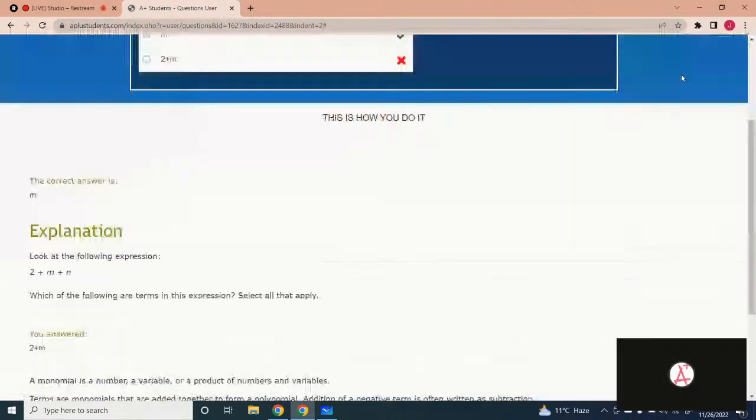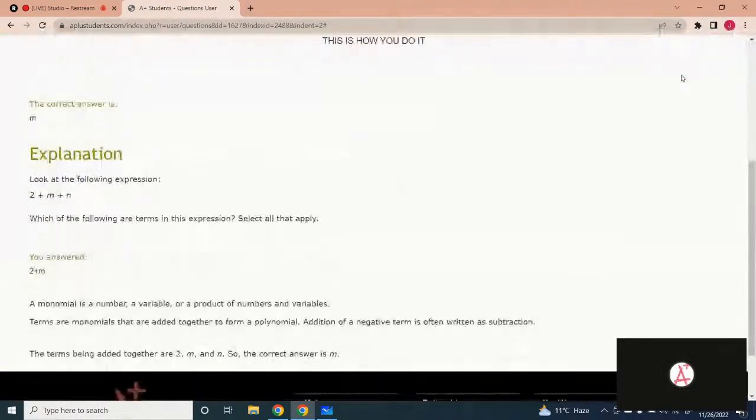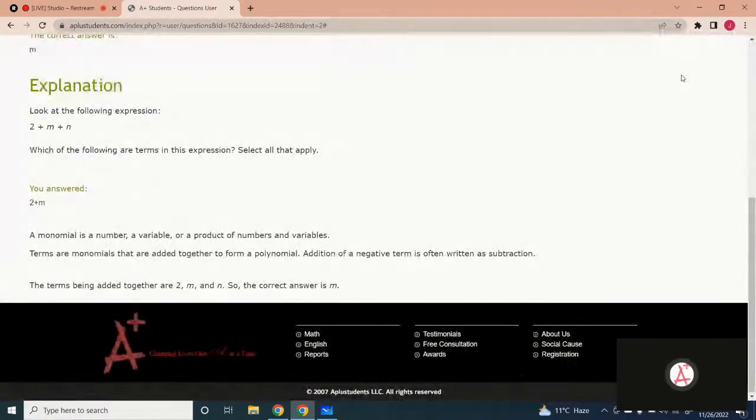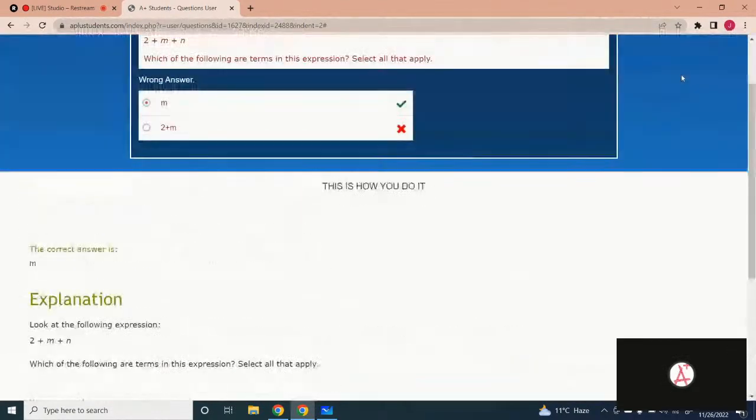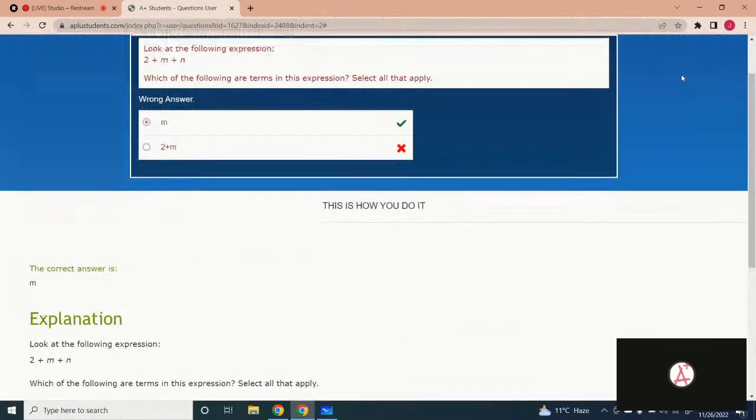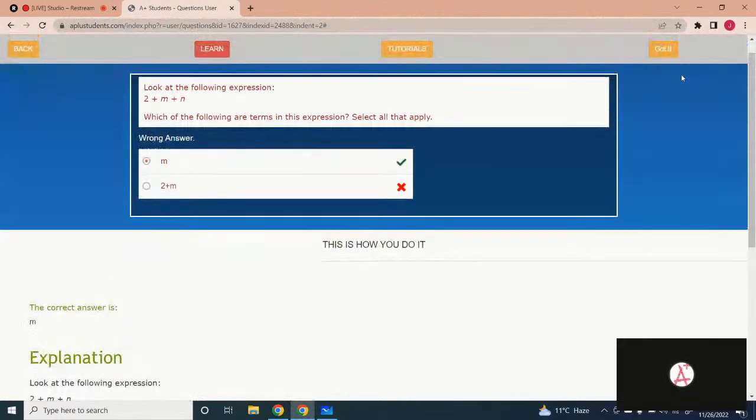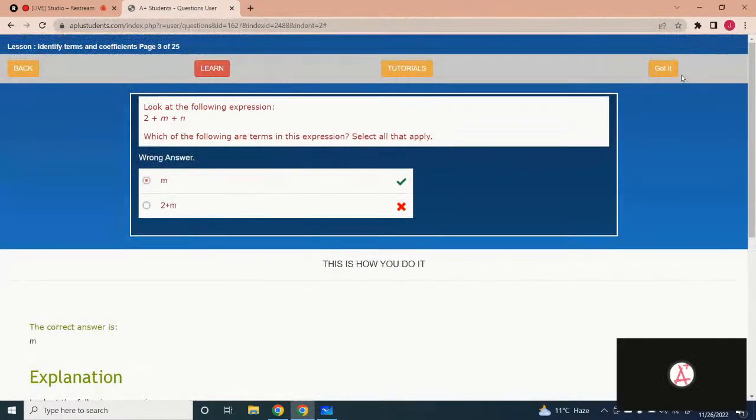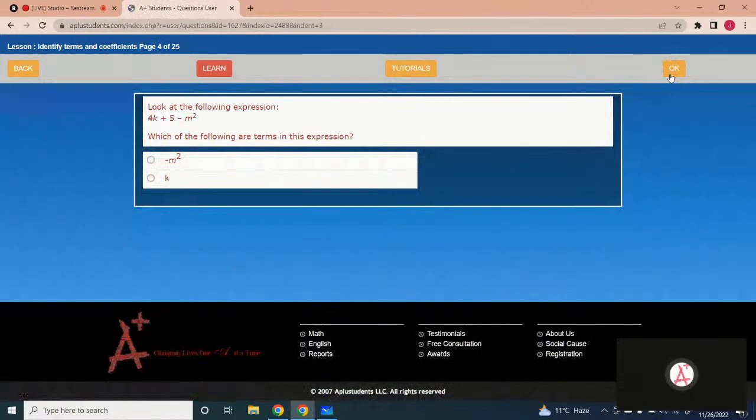Why m? No, the terms being added together, the correct ones are 2, m and n. Oh, sorry. No, but you are talking about the terms. They all are the terms. This is not the correct option. They all are the terms actually. Got it?